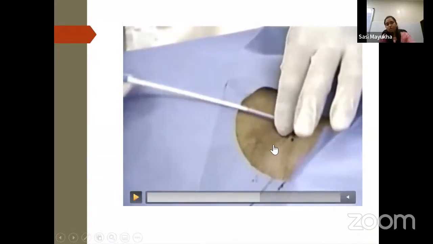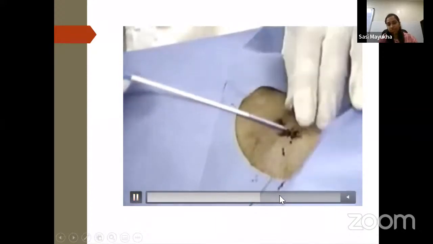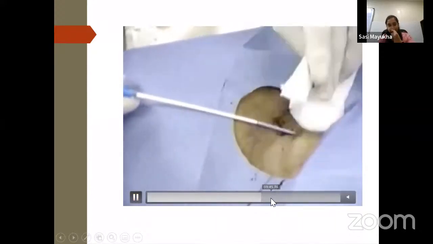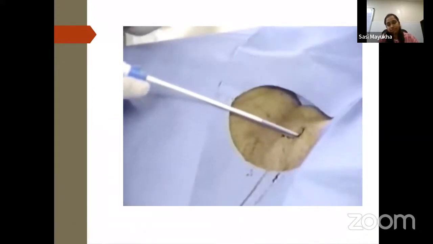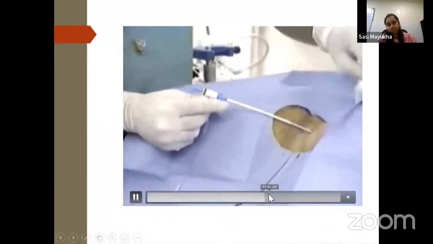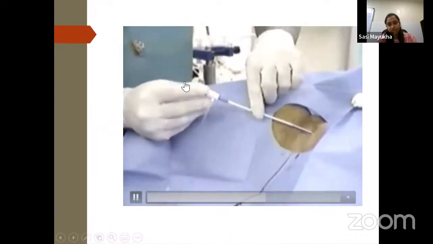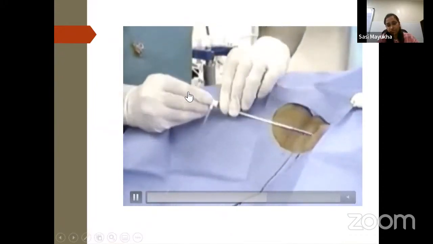You have to make sure always the guide wire is pulled out and the guide wire is held with one of the hands when you insert it. So you can see here he is always holding the guide wire and the guide wire is always outside.